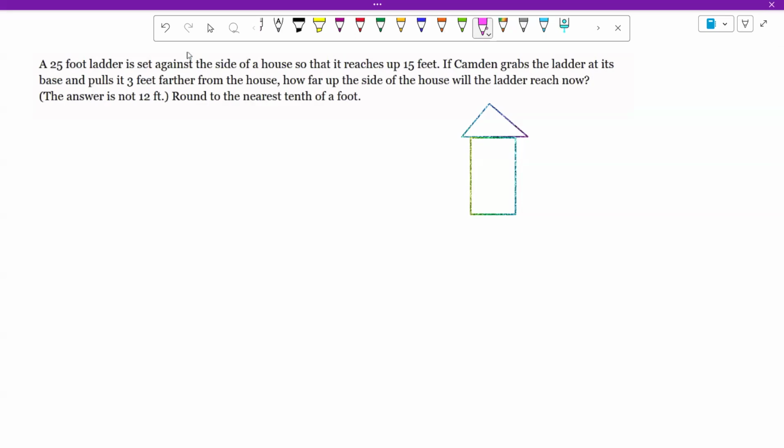Let us say this is our ground. On this ground, the 25-foot ladder is set against the side of the house. This is the ladder over here, and the ladder's length is 25 foot.